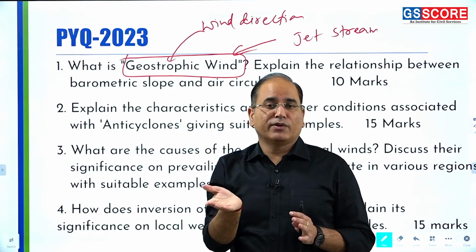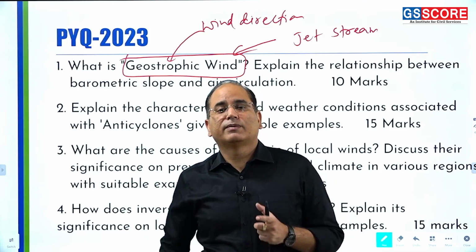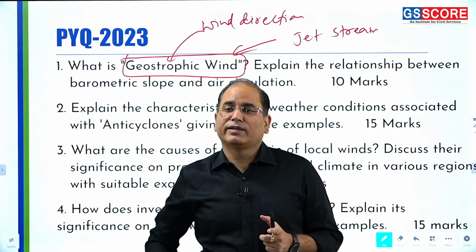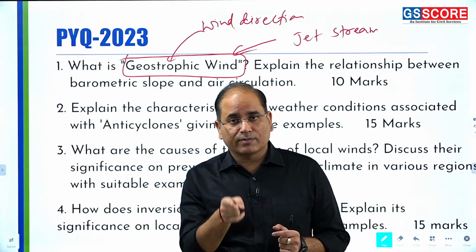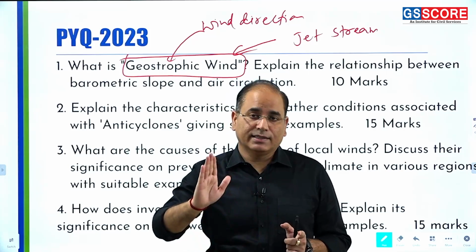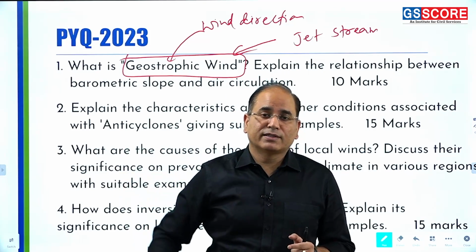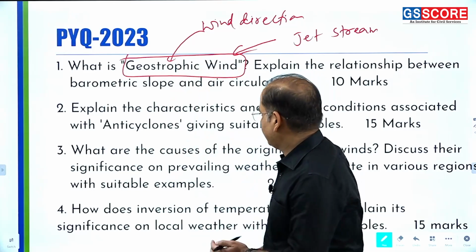When the wind starts blowing parallel to the isobar, then it is known as geostrophic wind. This geostrophic wind, parallel to the isobar, will only blow when they are getting deflected very greatly. The deflection is caused by the Coriolis force. When the deflection is like 90°, then only the geostrophic wind is possible, but this is not possible on the surface, it is only possible in the upper atmosphere.